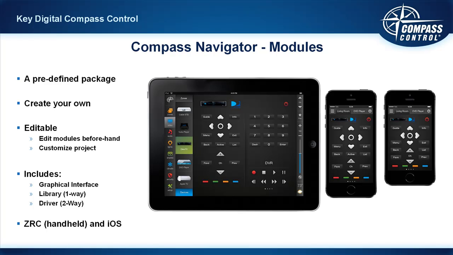So for example, you drop a module into the system and the module has both iOS and ZRC, then your project, which has iOS controllers and ZRC controllers, is automatically populated. Graphics, of course, on the iOS, and events and actions on the buttons in the ZRC and iOS.